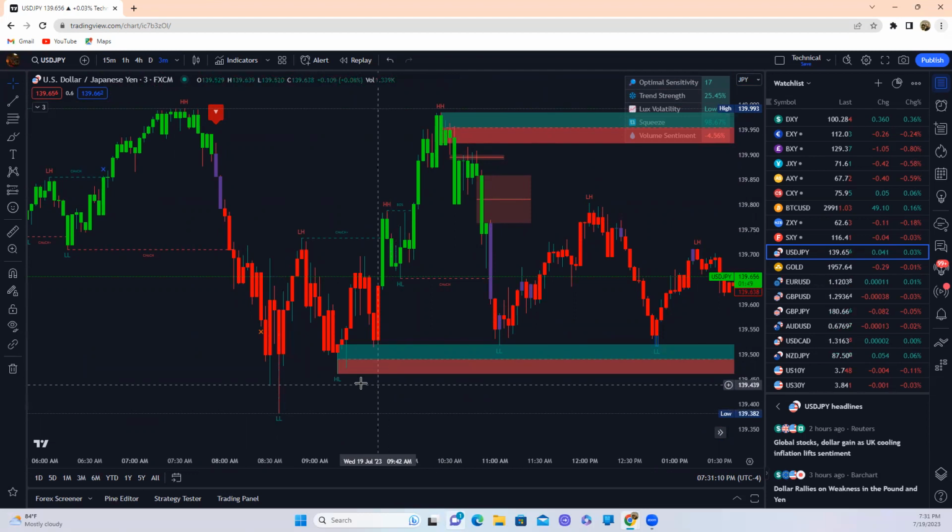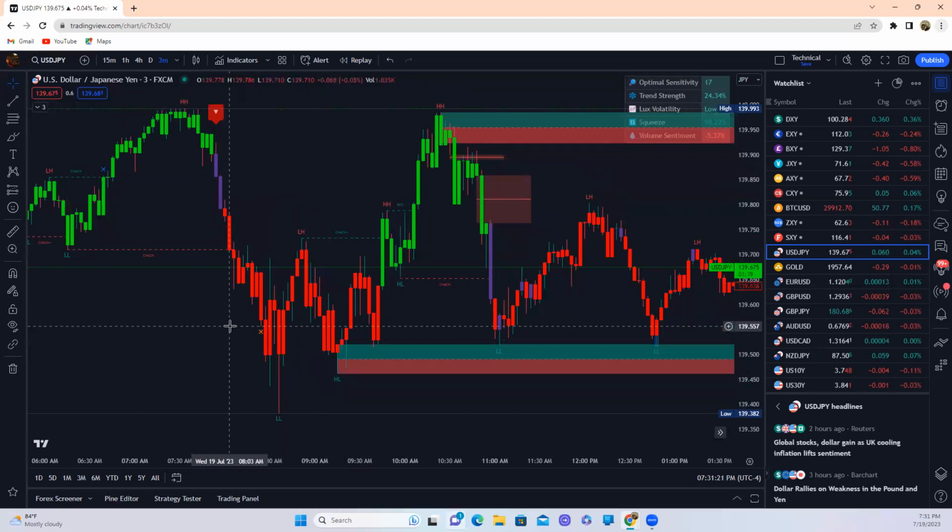So my 15-minute chart is my analysis. That's where I'm doing my technical analysis for UJ. Of course, I do my top-down analysis going from the daily chart, the 4-hour chart, the 1-hour chart, the 15-minute chart for technical analysis for day trading, and looking for opportunities on the 15-minute chart, and then the 3-minute chart for my entries.